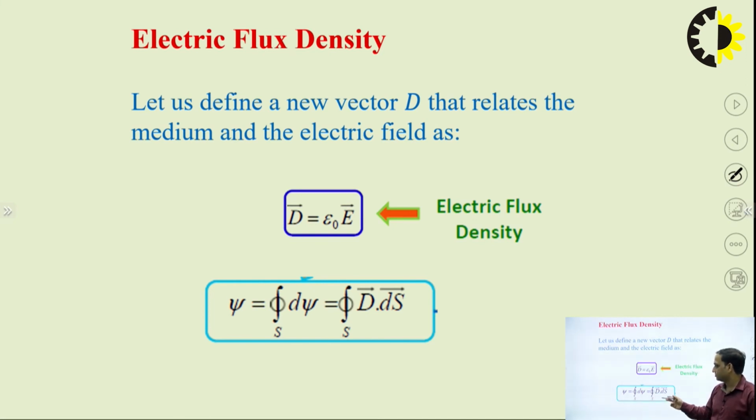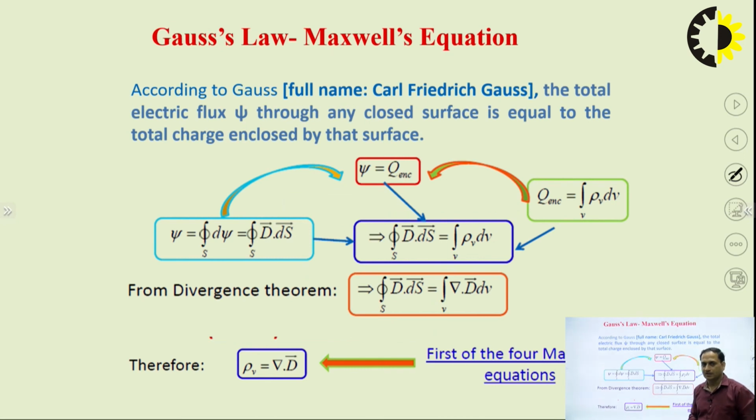D dot dS is the flux which is passing through a closed surface. This is Gauss law, or the Maxwell's equation, which is coming from here. So Gauss law is nothing but the statement that the total electric flux going out from the surface or the volume is equal to the total charge enclosed by the surface or the volume.